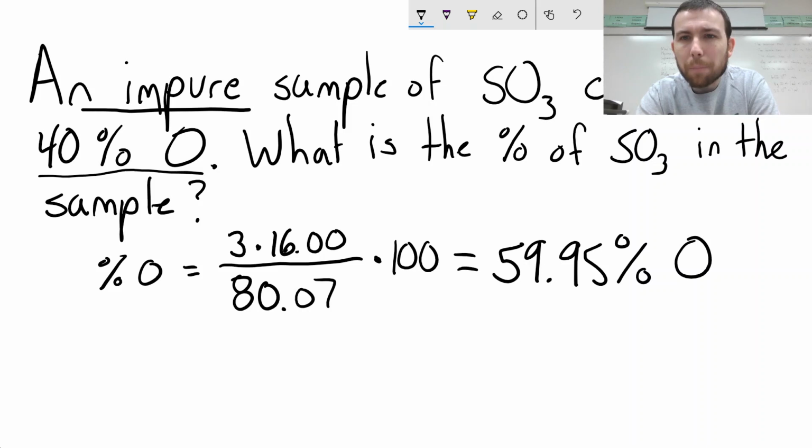Now, that is the percent oxygen in a pure sample of SO3. But notice we have an impure sample, and the percent oxygen is 40%.